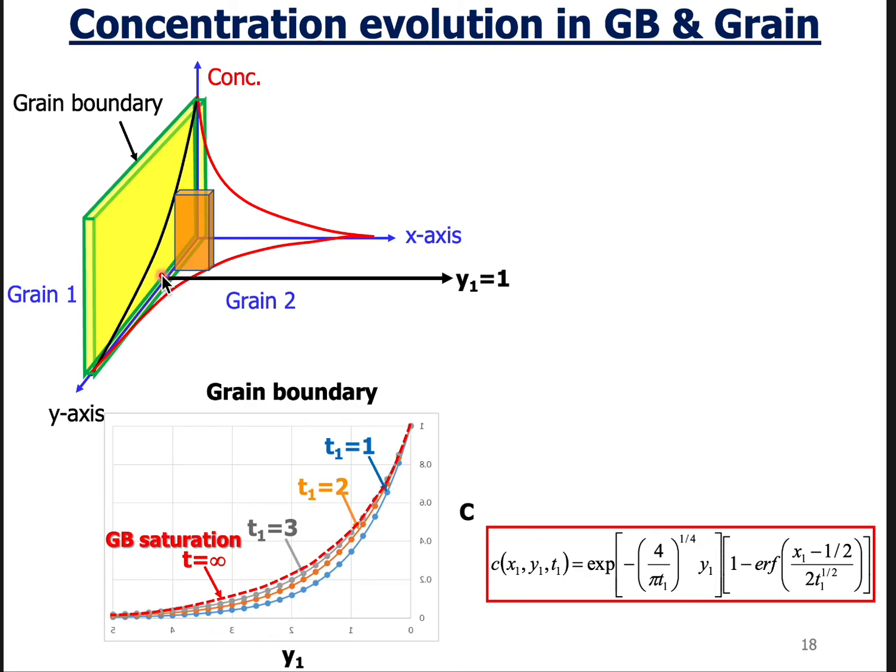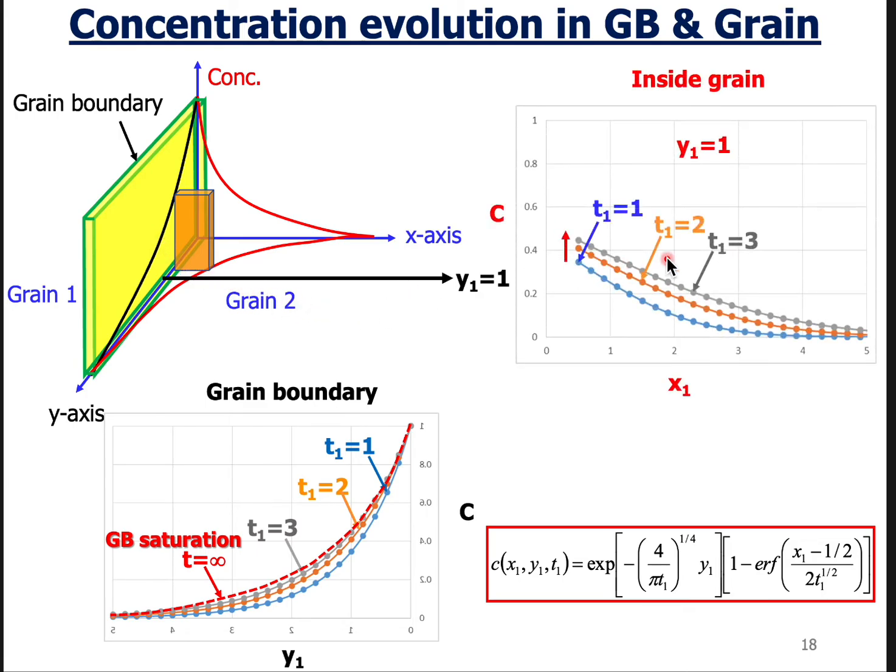And if we take a look at this location y1 equals 1, as you know, this concentration will serve as a diffusion source, and diffusing atoms will diffuse inside the grain. So how does the profile look? It will look like this, a C at different x1, and you can observe t equals 1, 2, and 3.